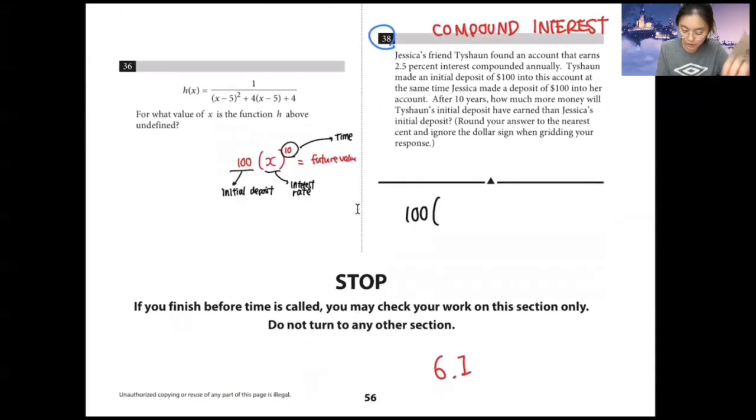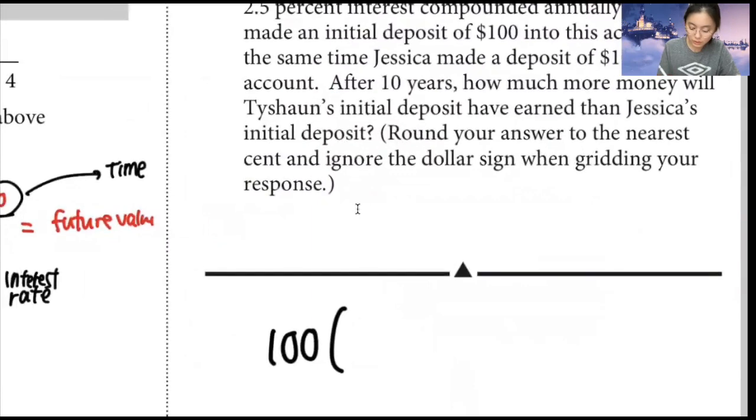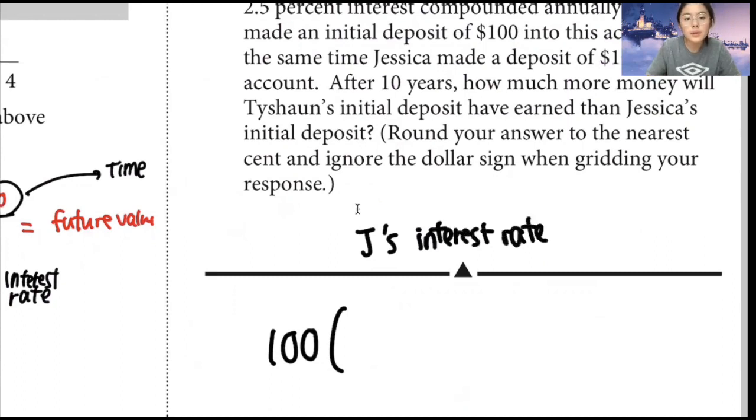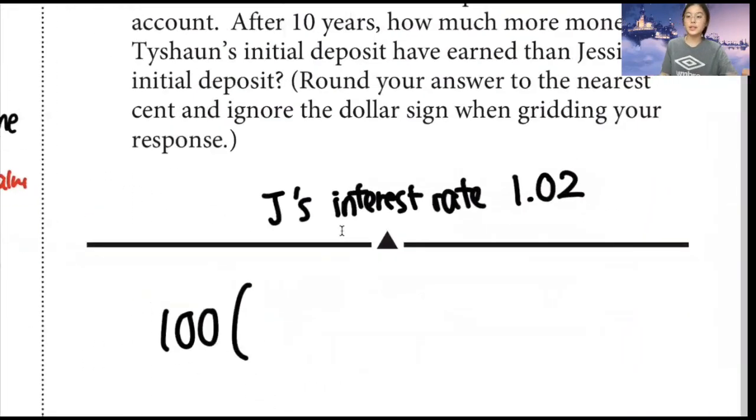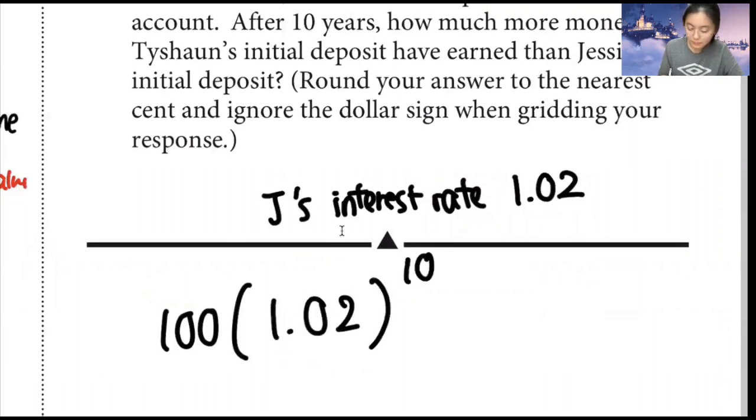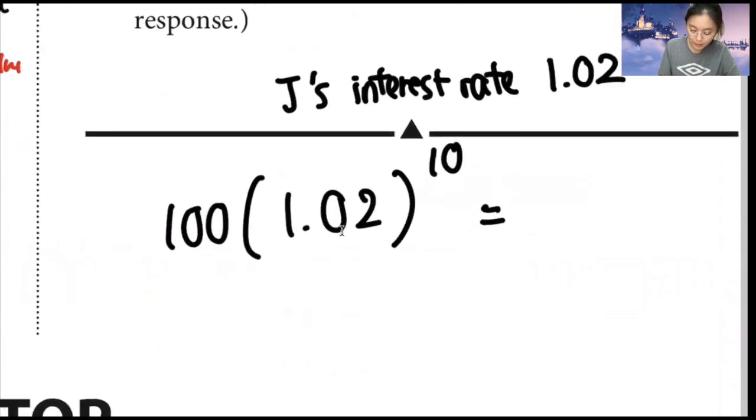So Jessica's interest rate was 1.02. And 1.02 means 2% every year. So you just write that in. And the time, 10 years, right? So that's going to be her value if you times everything.